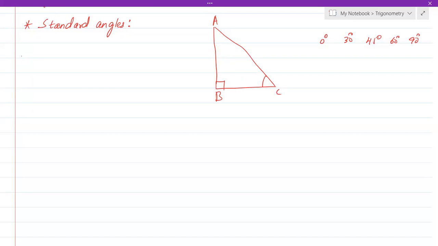Similarly for all the other ratios. Now we are not going to get into the derivation of this. There is actually a small derivation of how to get the value of sine 30 degrees, sine 60 degrees and sine 45 degrees, but we are not going to concentrate on that.